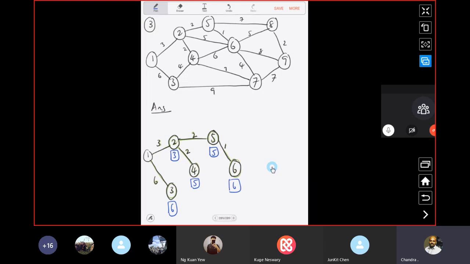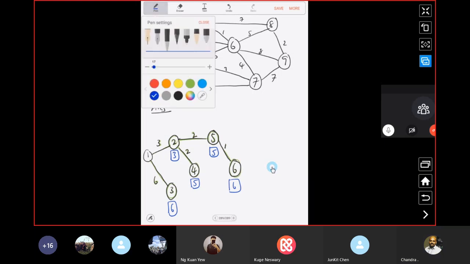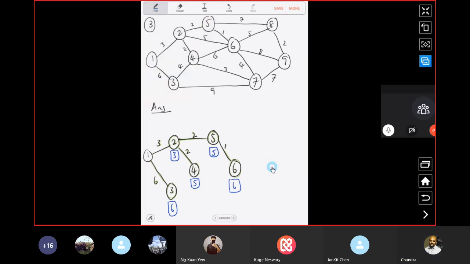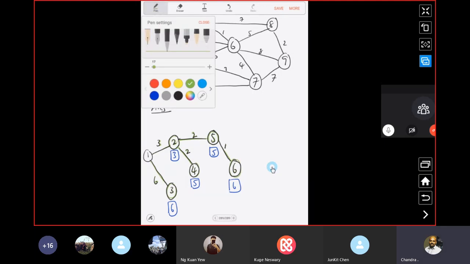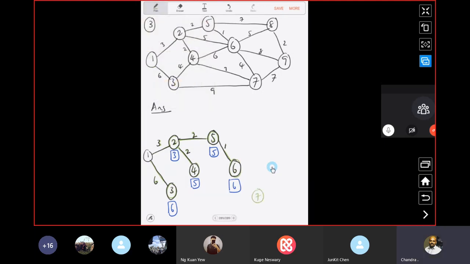Next is number 7. Node 7. How is it connected? Through 6, through 4, through 3. Okay. Here would be 4, here would be 3, here would be 9.